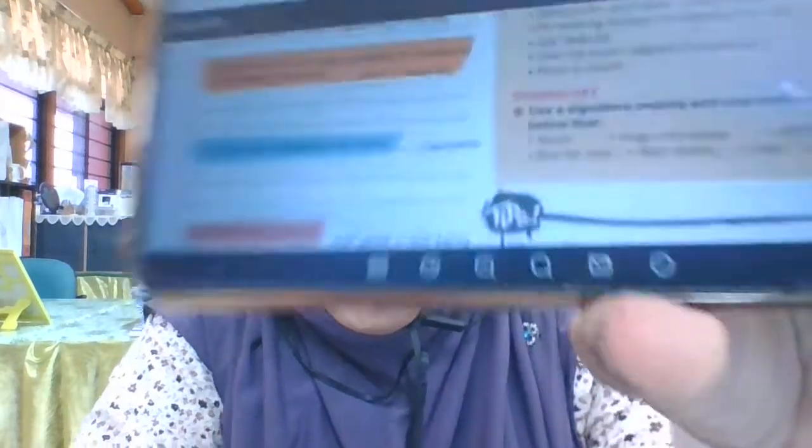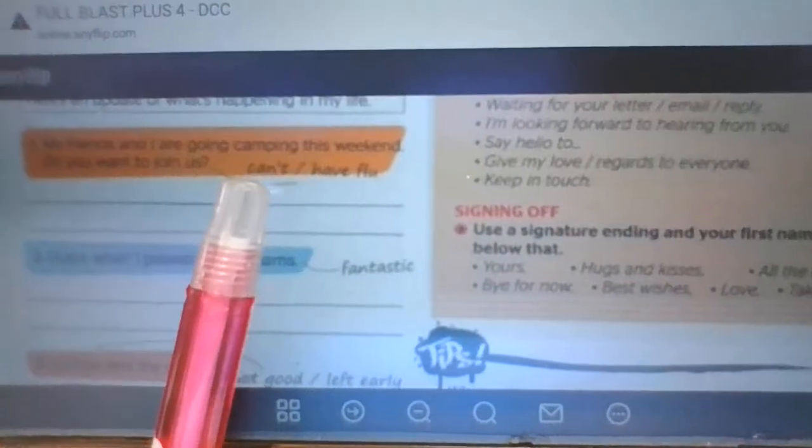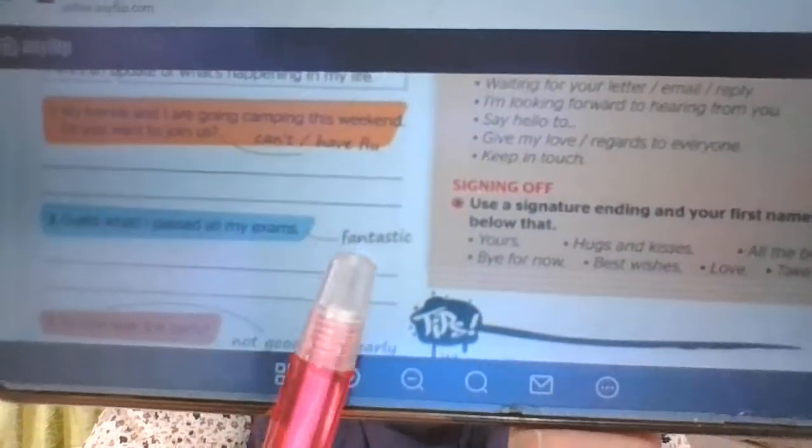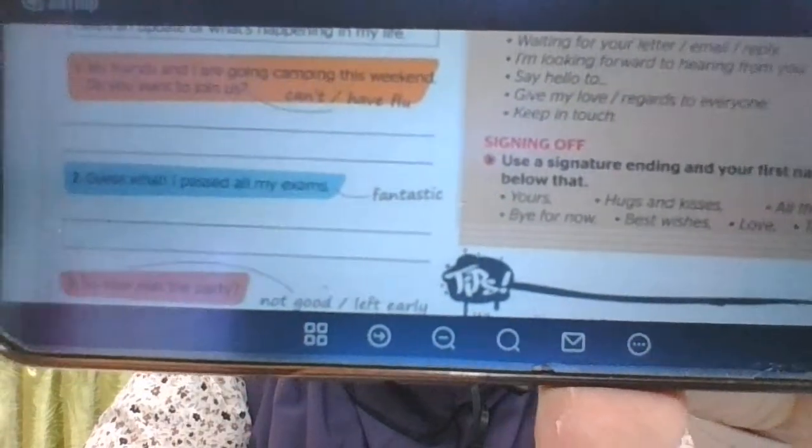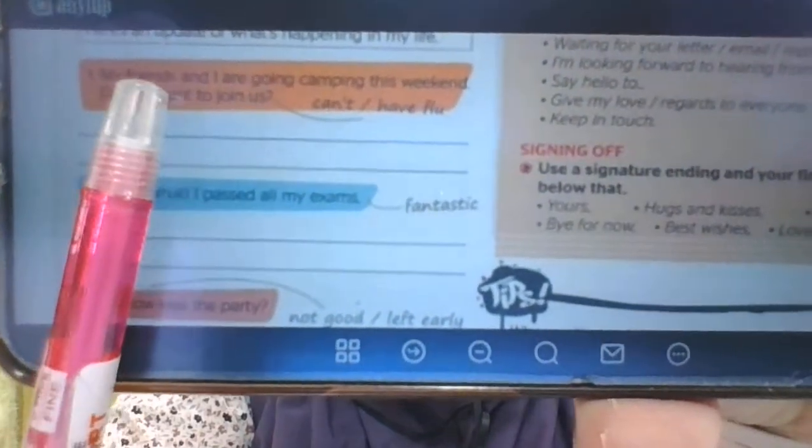Okay, point yang telah diberikan. So, these are the prompts. Inilah point-point yang diberikan. So, by using these prompts, point-point jawapan ini, you need to answer. Give the reply to this situation.